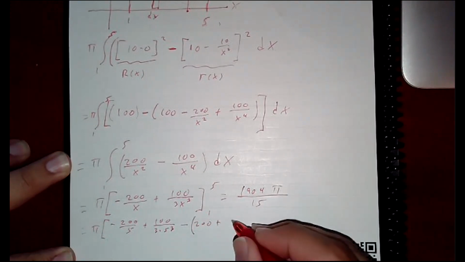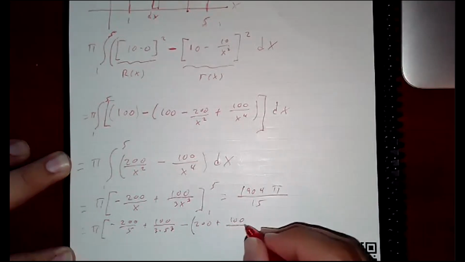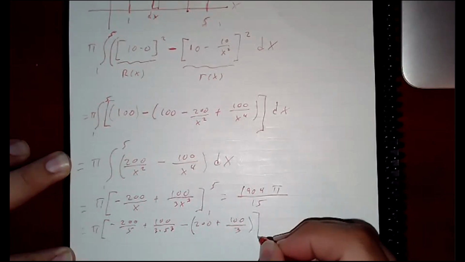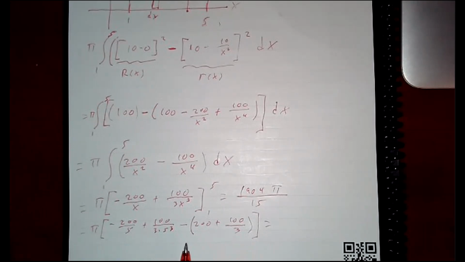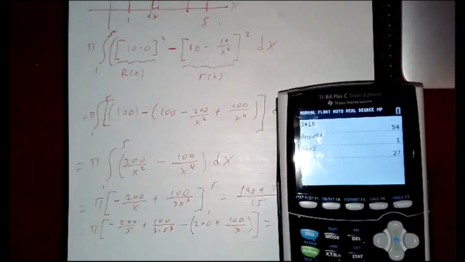Plus 100 over 3. Okay, so I'll just use the calculator at this point because they're all nasty numbers. You get negative 596 over 15 minus 500.